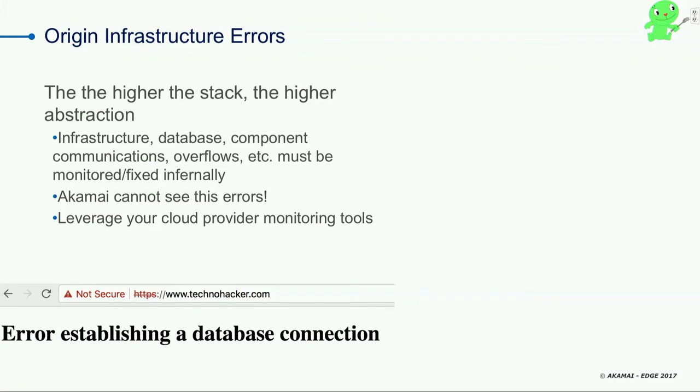The first one is don't try to use Akamai to match on error conditions in your infrastructure. We are on a different level, and we don't see it. For example, this response might be a 200 response, but it's an error connecting to the database. You don't want to expose that to the client.